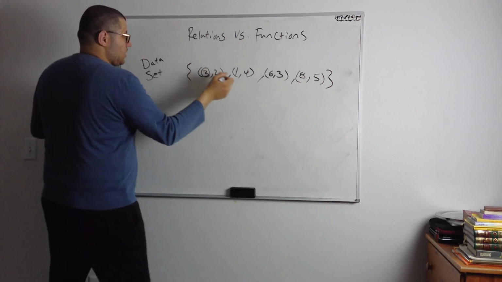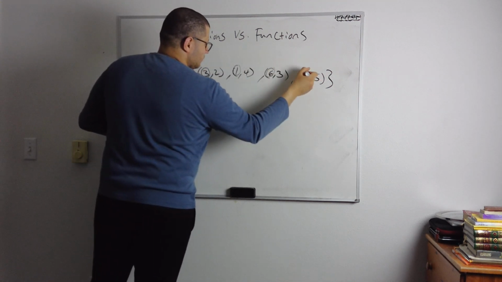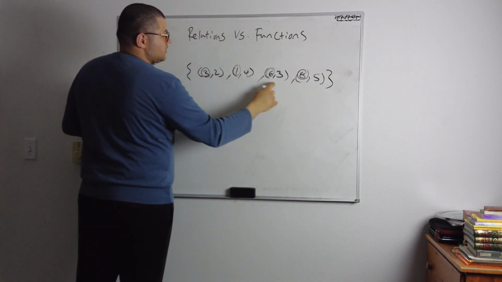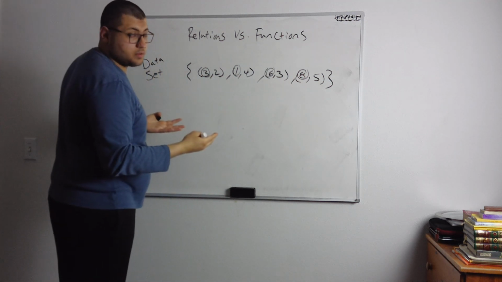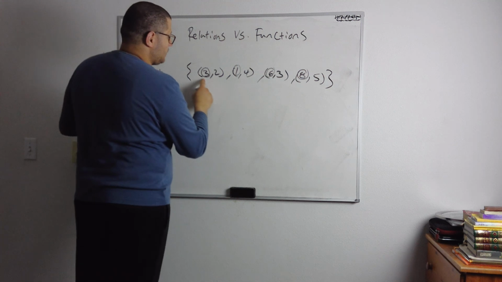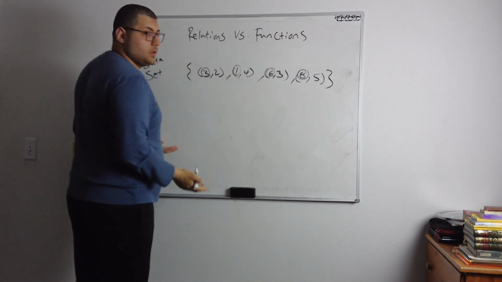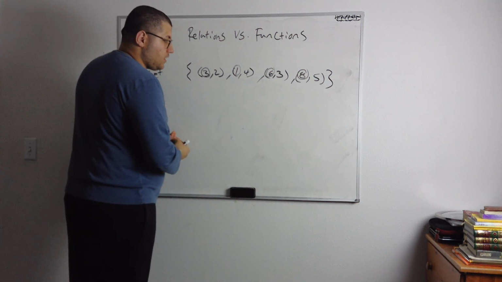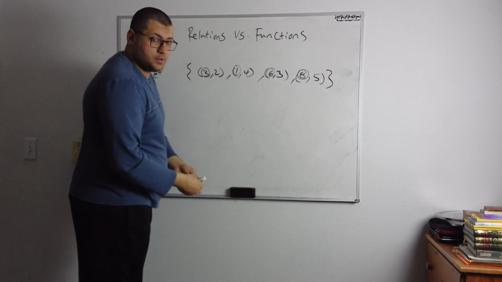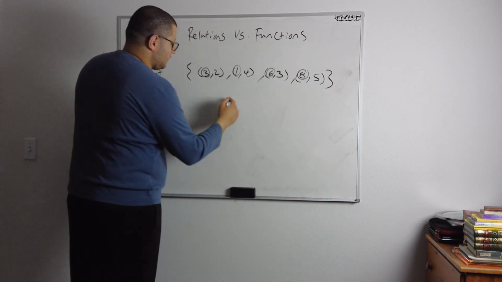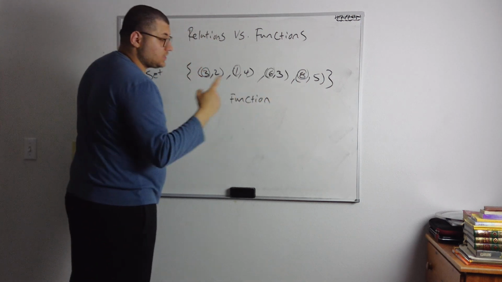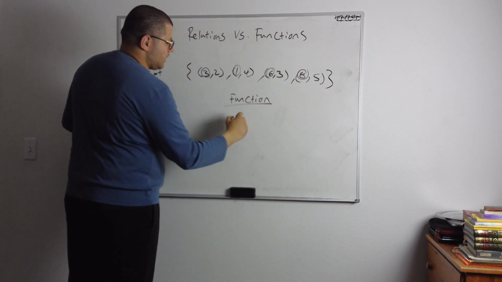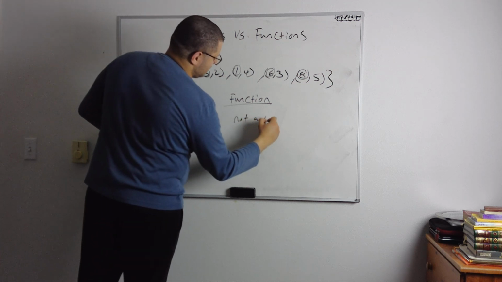Now let's cover each x value: 3, 1, 6, 8. Any repeated x values? Nope. Each x value has its own y value. Awesome. What does that tell us? If each x value has its own y value, that means it's a function. Each input has its own output. That means it's not a relation.